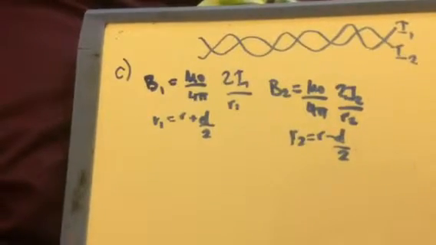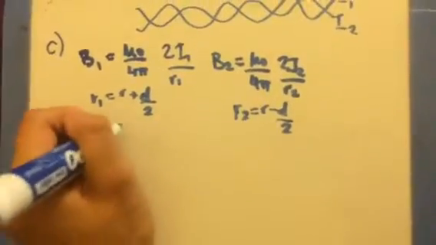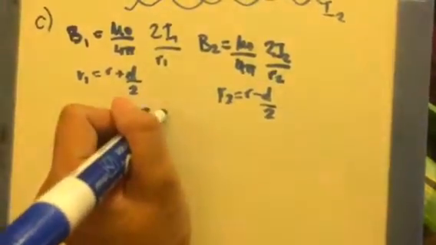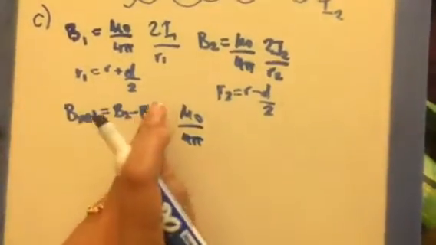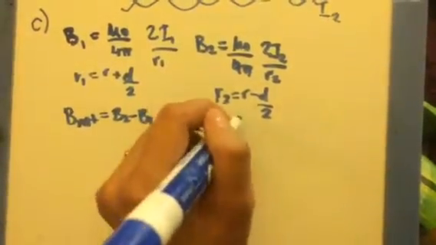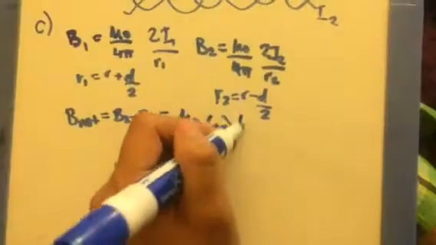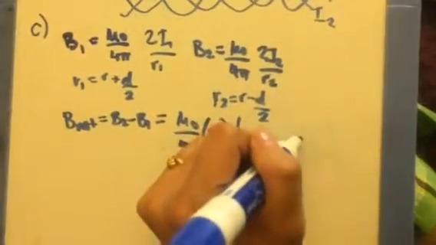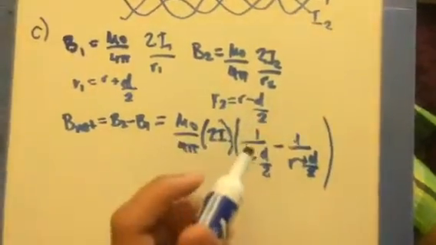So we're essentially doing the same thing that we did in part 1 again. B net is equal to B2 minus B1, which is equal to mu naught over 4 pi times 2I times 1 over R minus D over 2 minus 1 over R plus D over 2, right?